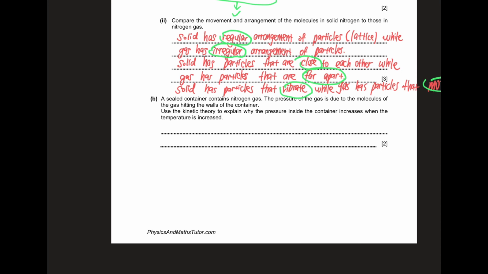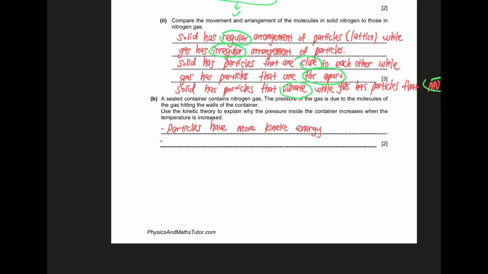Okay, so first, when temperature is increased, you must talk about this point. Particles have more kinetic energy. Okay, so it should be reasonable to talk about this. And second, you have to say if it has more kinetic energy, then what is the consequence?